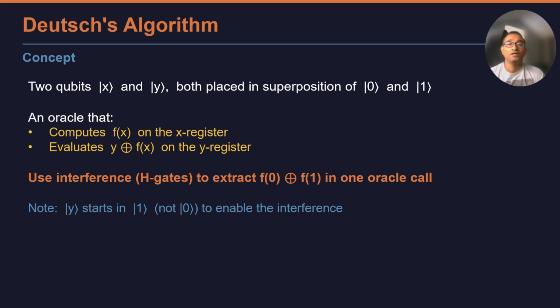The reason that we start the y register in 1 and not in 0 is to allow the interference capability to kick in. By that we mean the aspect of phase kickback, which is the core of this algorithm, will slide in when we start the y register in the state of 1.